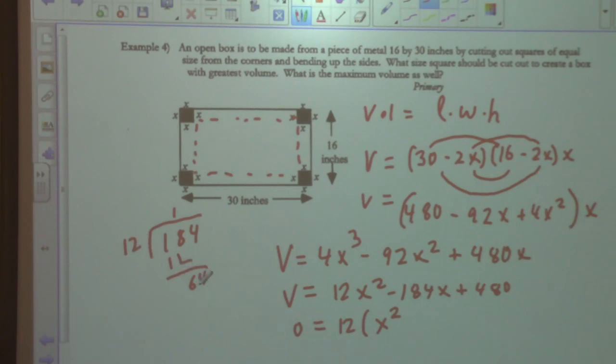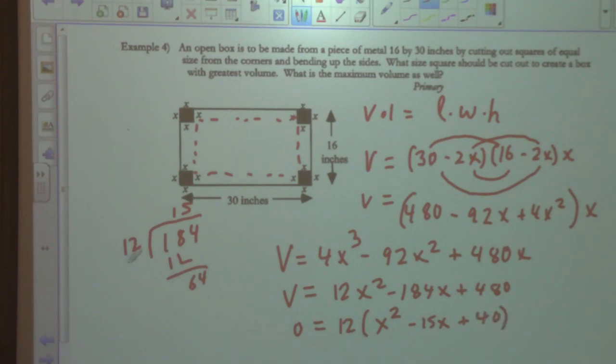Yes, I think it is 5. So we have minus 15x, and then 480 divided by 12, that's going to be plus 40, right?